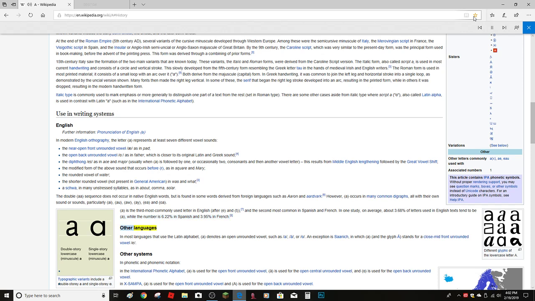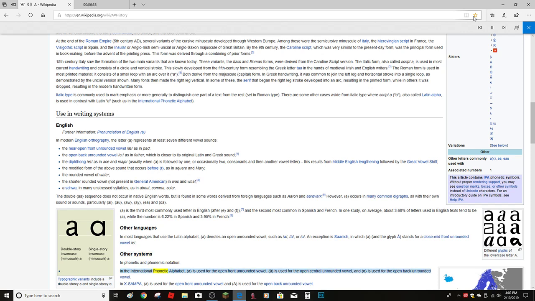Other languages. In most languages that use the Latin alphabet, A denotes an open unrounded vowel, such as /a/, /a/, or /ɑ/. An exception is Sonach, in which A, and the glyph Ä, stands for a close mid-front unrounded vowel /e/. Other systems. In phonetic and phonemic notation.